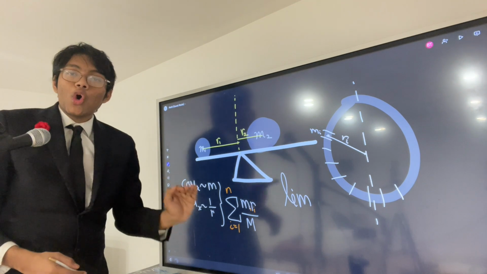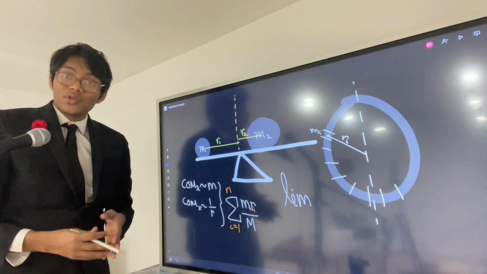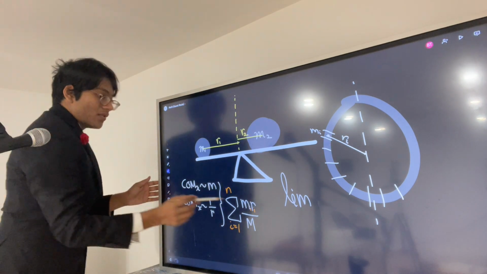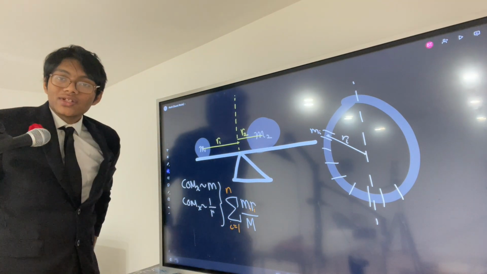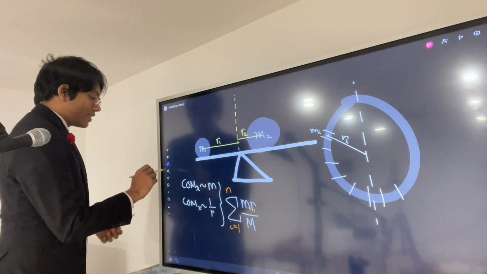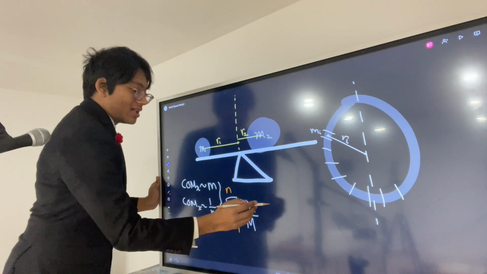And I'm adding up all of those masses times radii and dividing by the total mass of the wire to find the center of mass. To get a really good approximation for the center of mass of this little circular wire, I've got to take the limit, right? I've got to make the number of little pieces infinite.